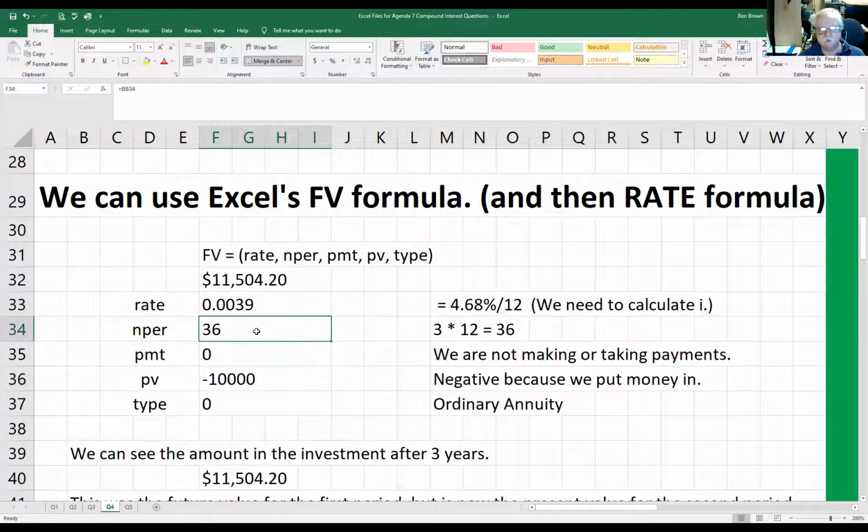We have to calculate that and put it in. There are no payments, and it's an ordinary annuity. And so we find that her 10,000 after the 3 years is worth $11,504. So that's what she's working with.